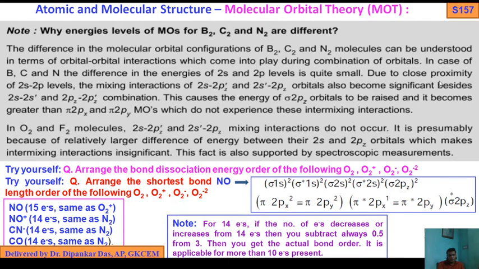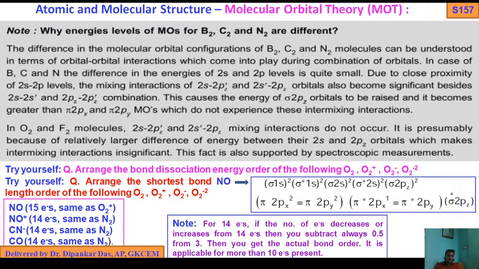Due to the close proximity of 2s and 2p energy levels, the mixing interaction of 2s and 2pz orbitals also becomes significant. Besides 2s and 2pz combinations, this causes the energy of sigma 2pz orbitals to be raised, and it becomes greater than pi 2px and pi 2py MOs, which do not experience these intermixing interactions.